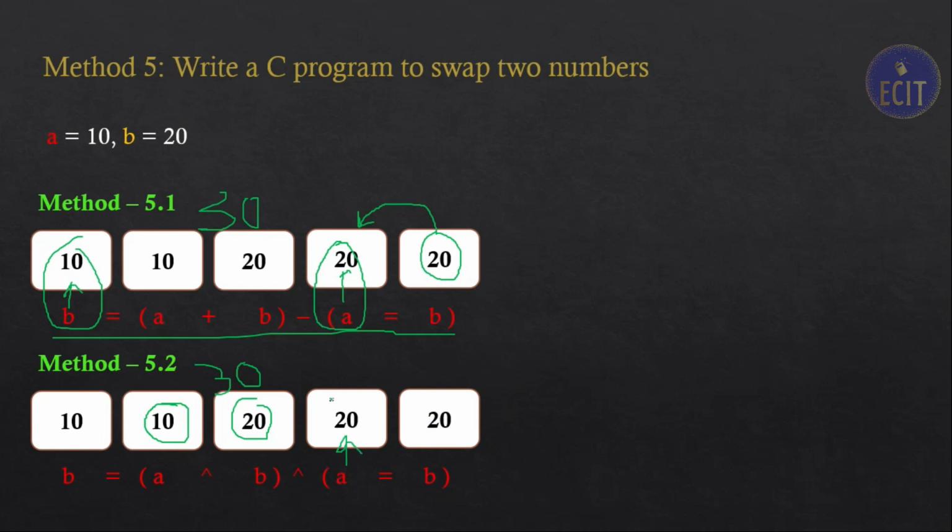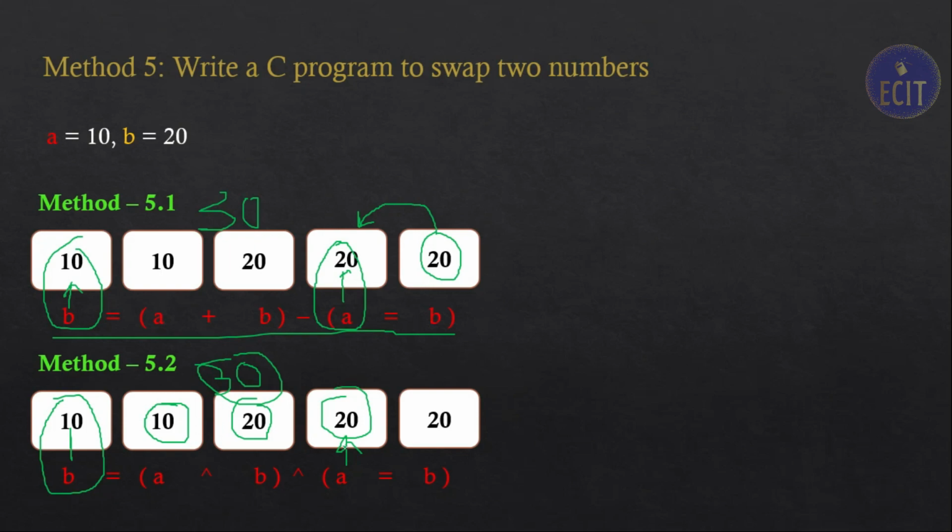The XOR operation between this 20 and this 30 will be what? 10. So we will have B equal to 10 and A equal to 20. This is how you can swap two numbers with the help of a single line of code.